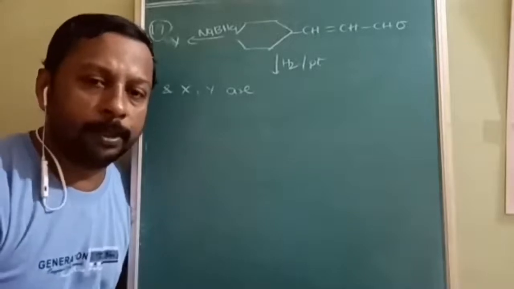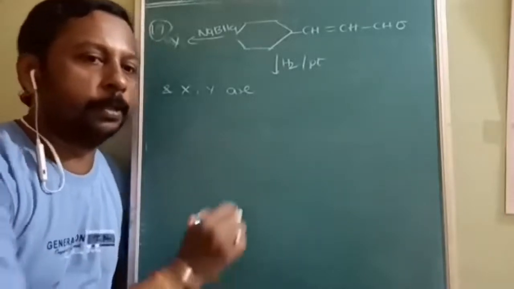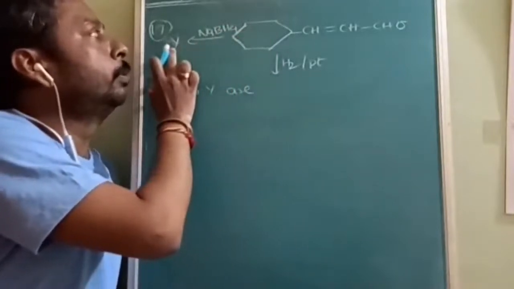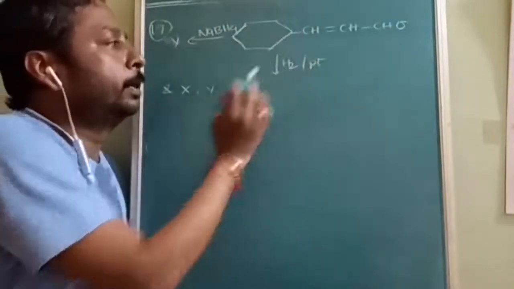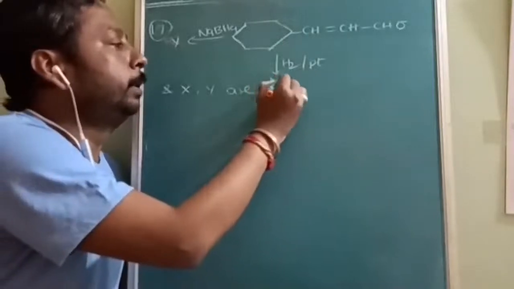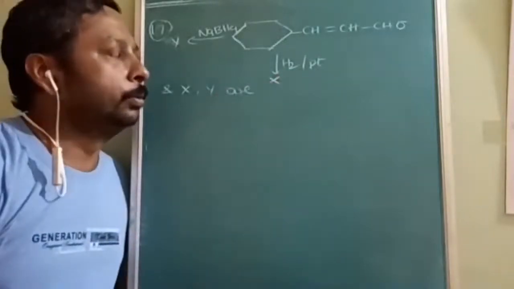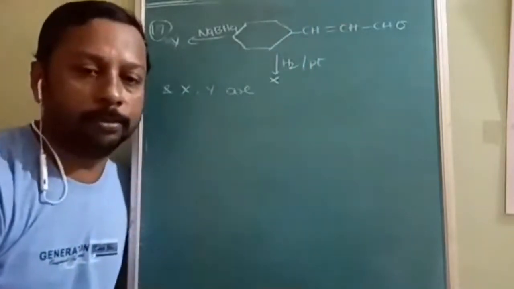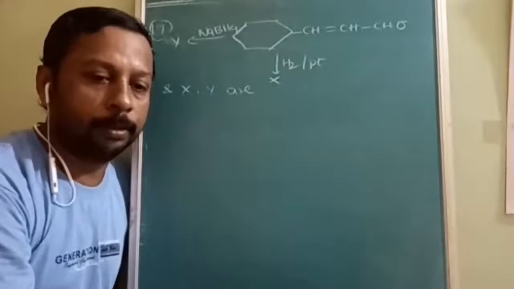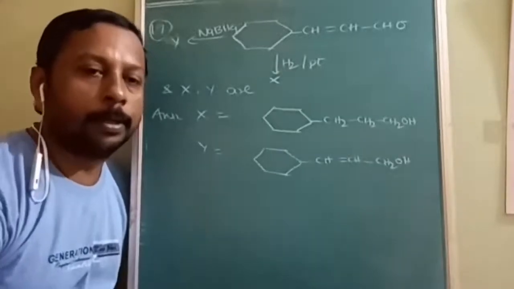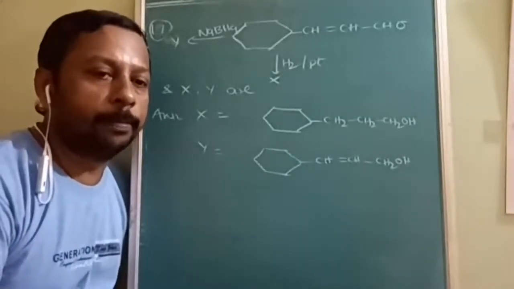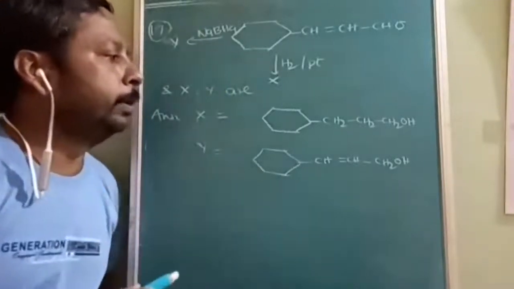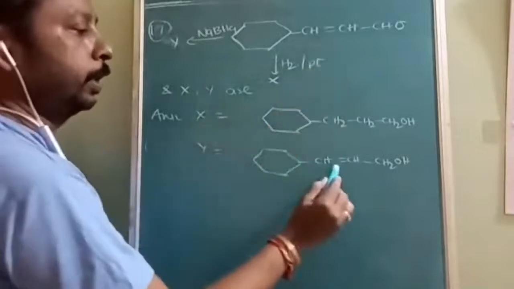Okay, next question is about reducing capacity. The same reactant when reduced with NaBH4 forms Y, and when reduced with H2 over Pt forms X. You should know which part it is going to reduce. This is a reducing capacity based question. NaBH4 does not reduce alkene.